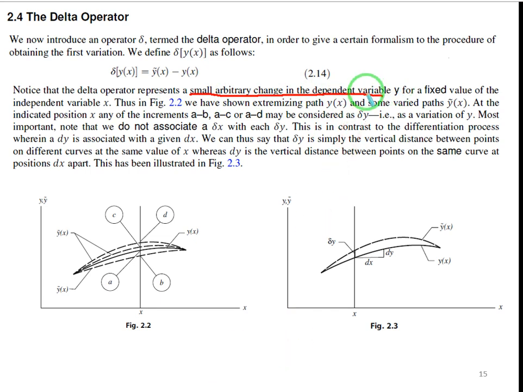I emphasize the word dependent variable because we know that the independent variable does not have any variation. When we use the delta operator, we only have variation in the dependent variable.